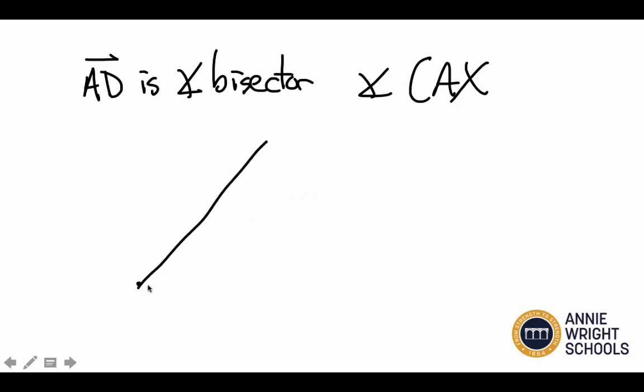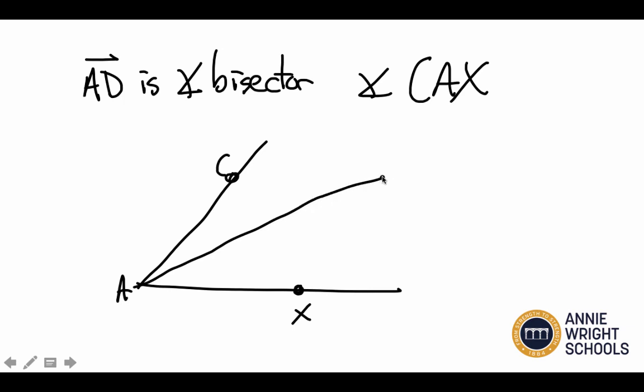So you draw this picture, you say here's C, here's A, here's X. It's an angle bisector, ray AD, so it has to be in the middle, and it cuts it in half. One way to show that is to put an arc here and an arc here. Because there's one arc, I know it's congruent to any angle with another arc. You can use two arcs or three arcs. Sometimes they'll take an angle and they'll put like a little dash on it too. And any other angle that has an arc with a dash is congruent.